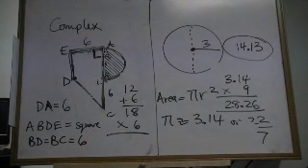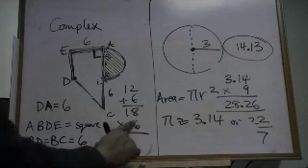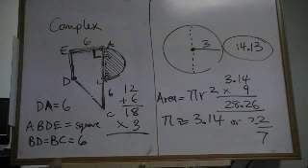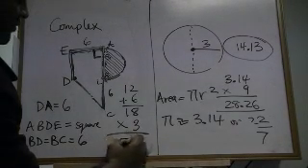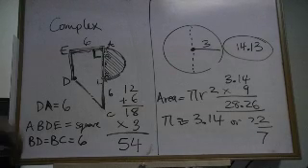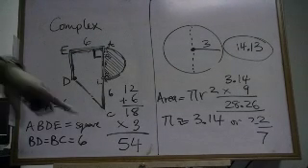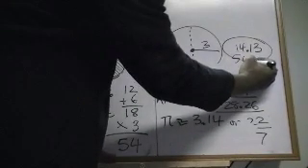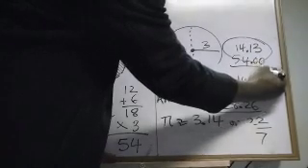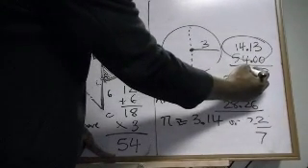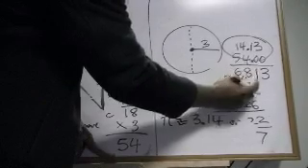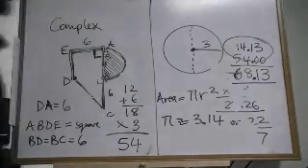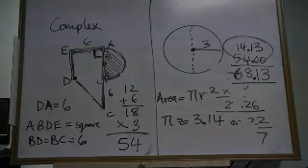Now sometimes, rather than multiply by the height and divide by 2, I'd rather divide something by 2 first because you're still going to get the same answer. So that would be the area of that trapezoid. You add 54 to 14.13. Remember to line up your decimals, and you add it up. And that's your answer.